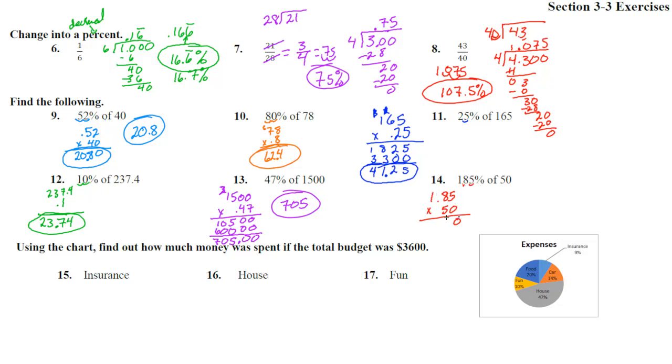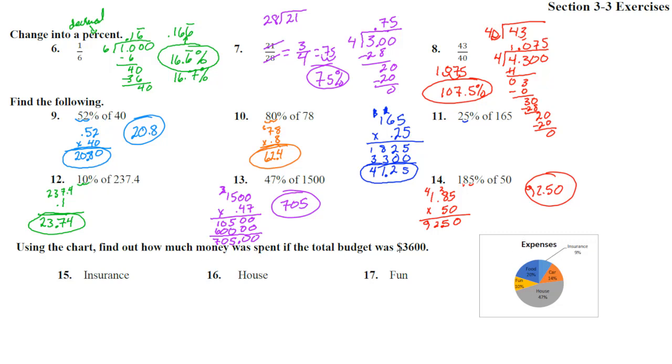So put the 0 down there. 5 times 5 is 25. 5 times 8 is 40, plus 2 is a 42. 5 times 1 is 5, plus 4 is 9. So 2 decimal places, 1, 2. So the answer would be 92.50. Okay, number 15.